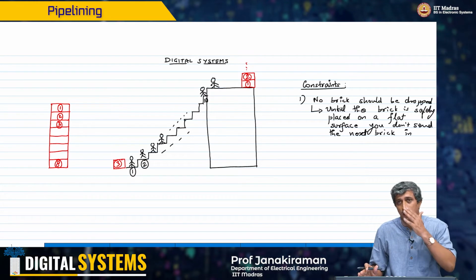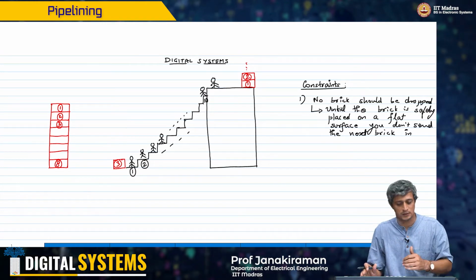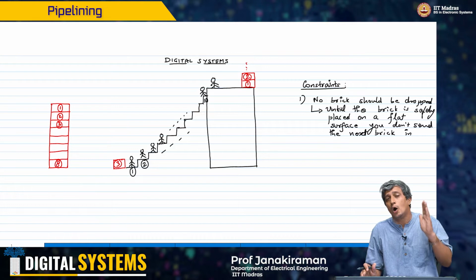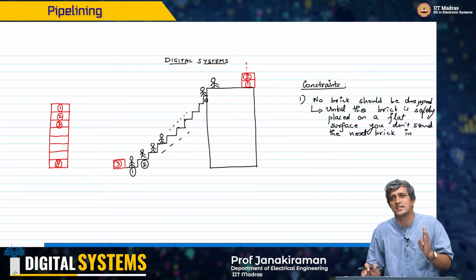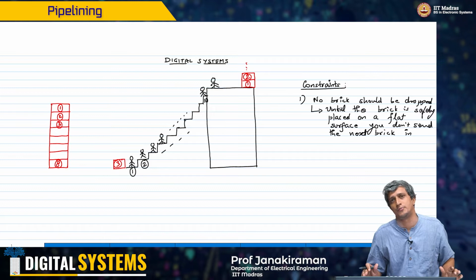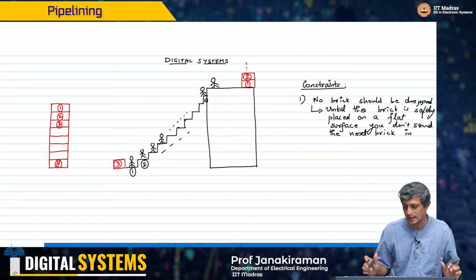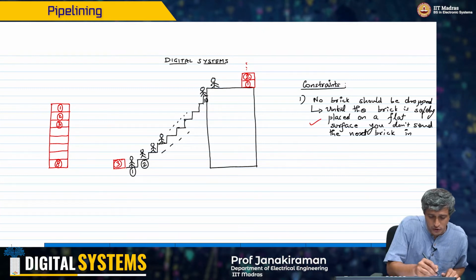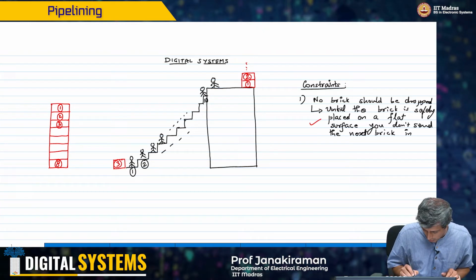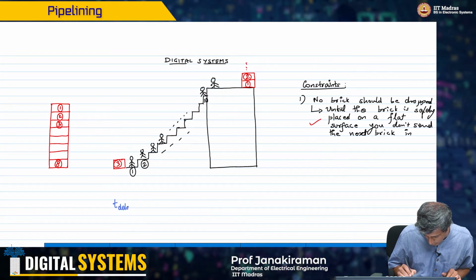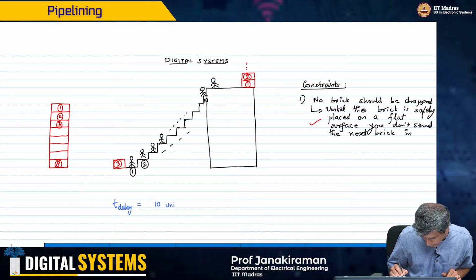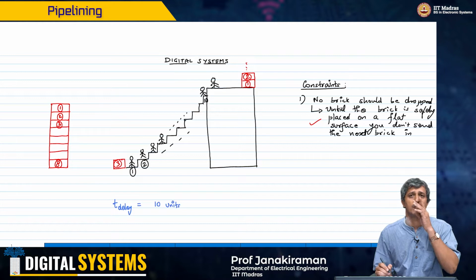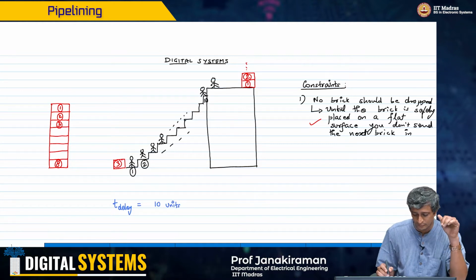The only question we can ask now is, how long before I can send the next brick into this system? And the answer, going by this particular constraint, is 10 units of time. So T is 10 units, whatever the unit of time is.